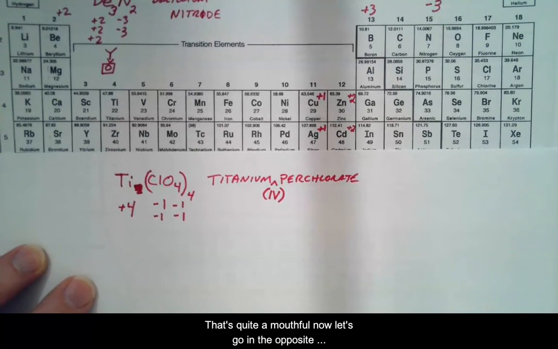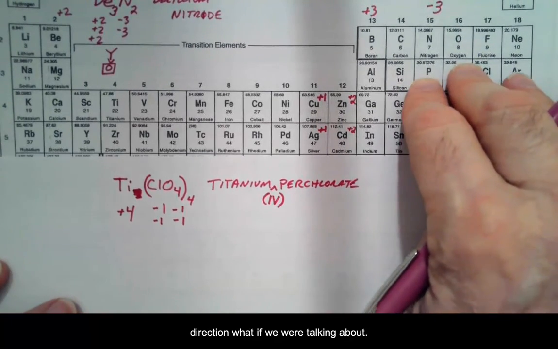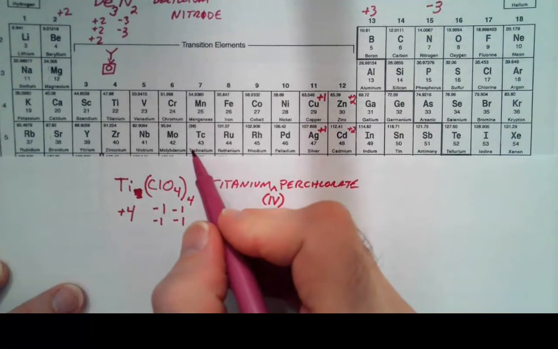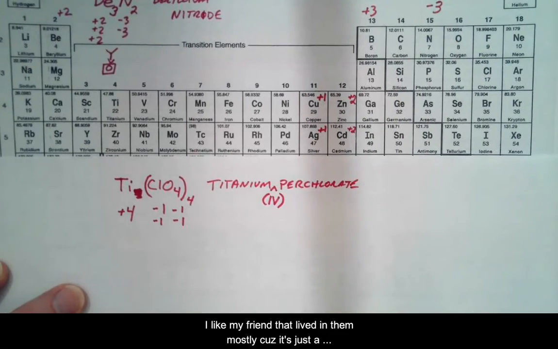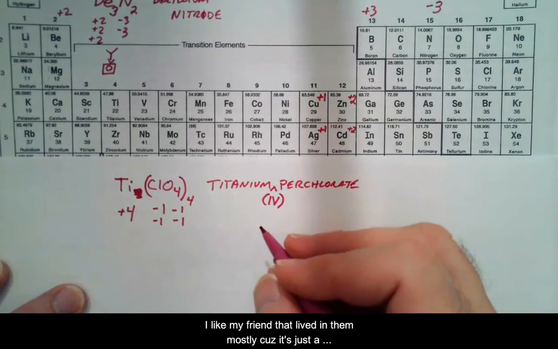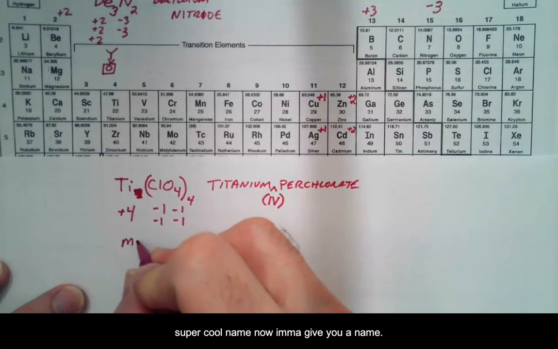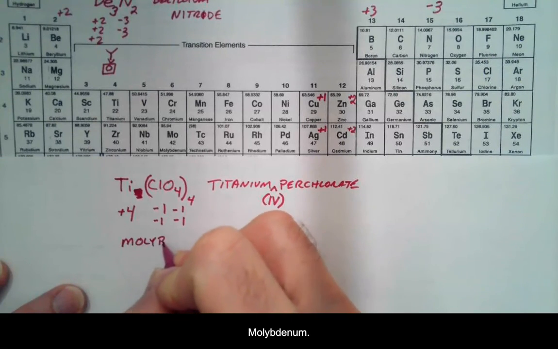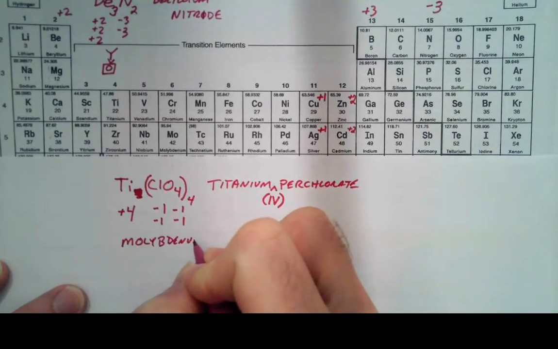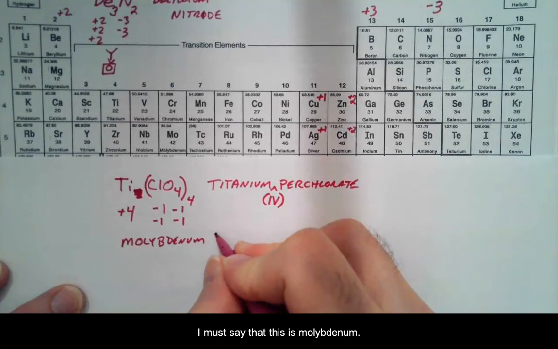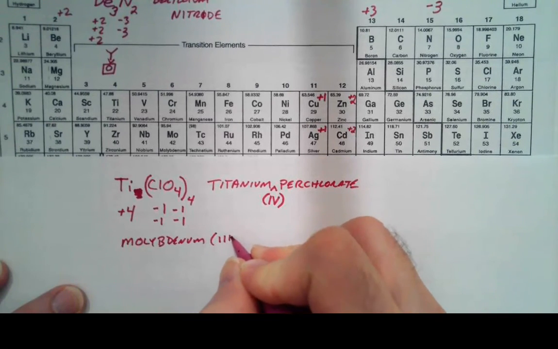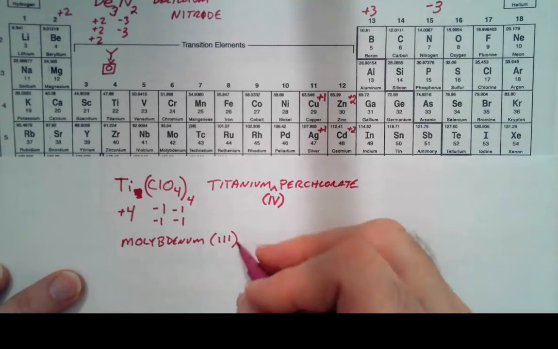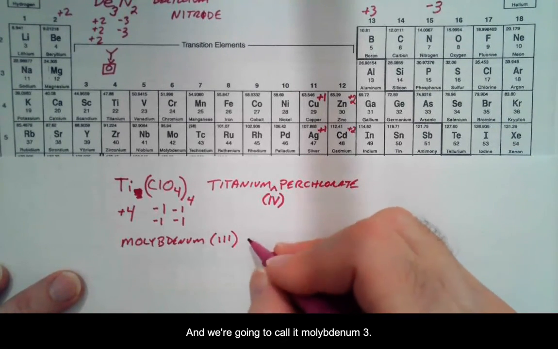Now let's go in the opposite direction. What if we were talking about my friend molybdenum, mostly because it's just a super cool name. Now let me give you a name, molybdenum. And let's say that this is molybdenum 3, and we're going to call it molybdenum 3.